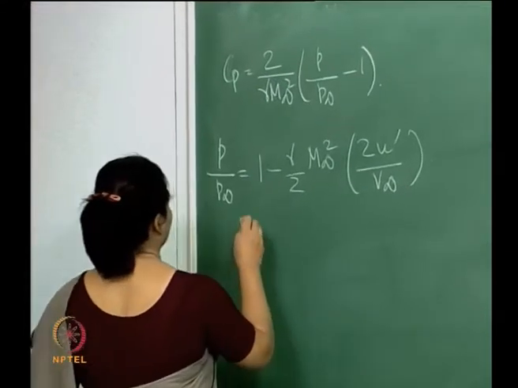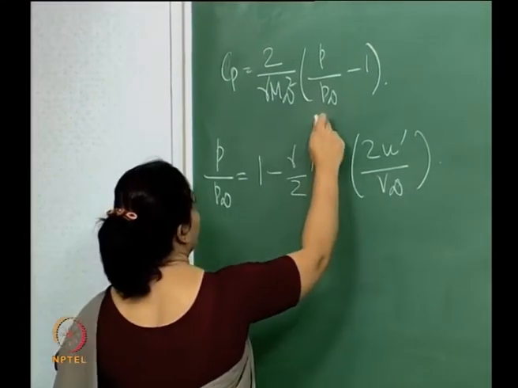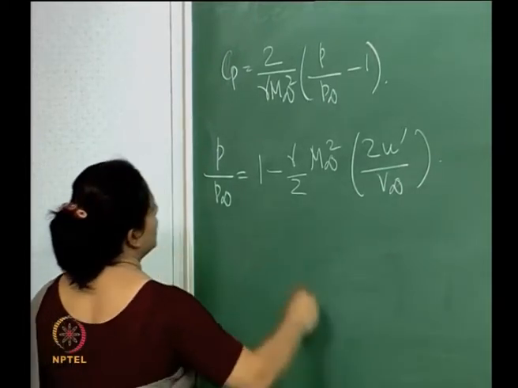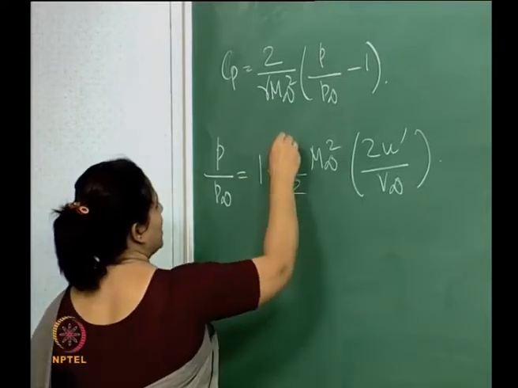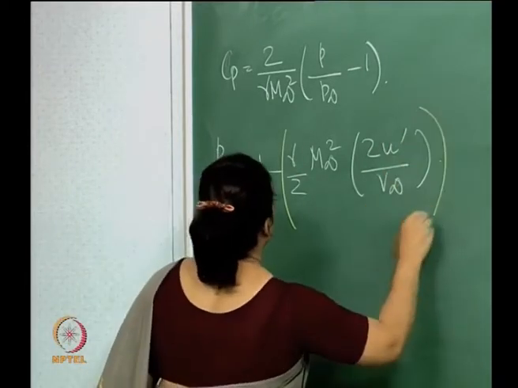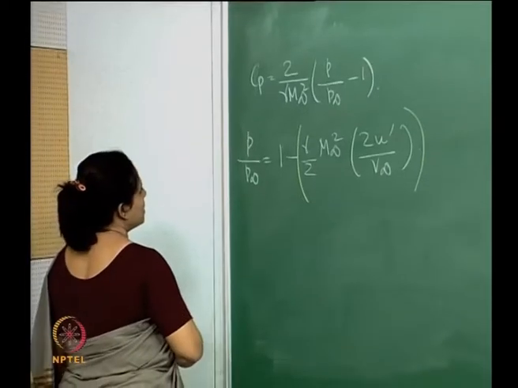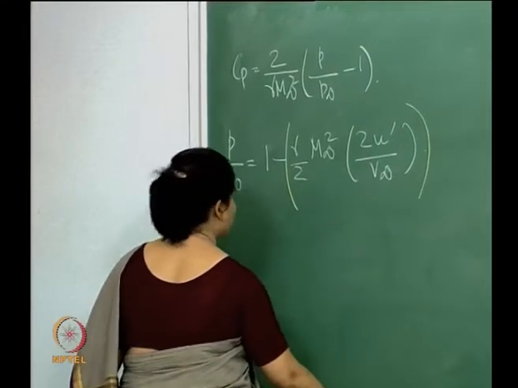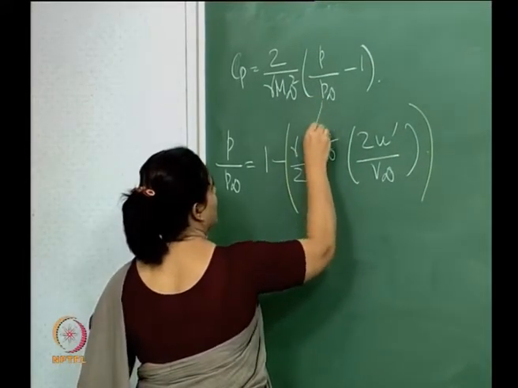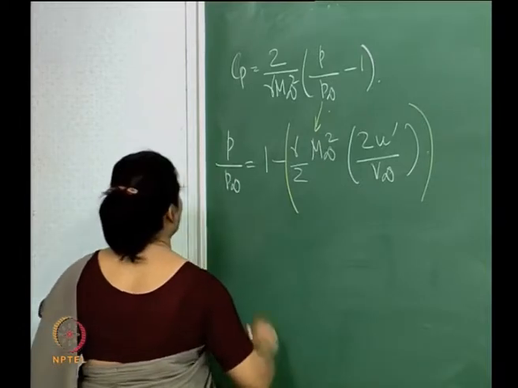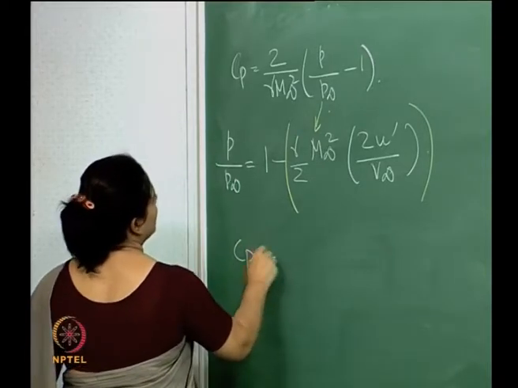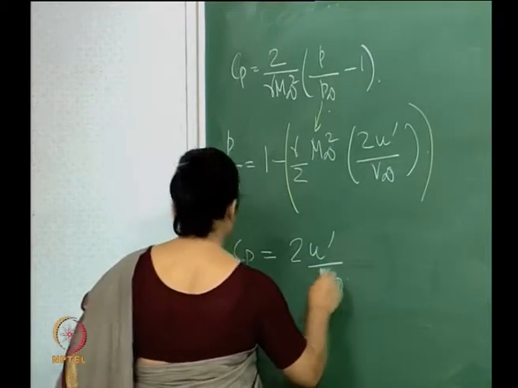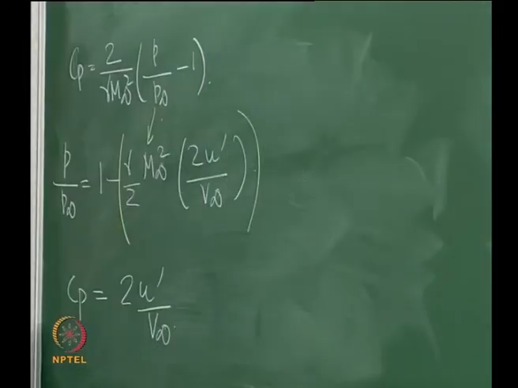So therefore, P by P infinity minus 1. This P by P infinity minus 1 is basically this term. So P by P infinity actually is just this term, okay. So therefore, Cp is nothing but this, right.